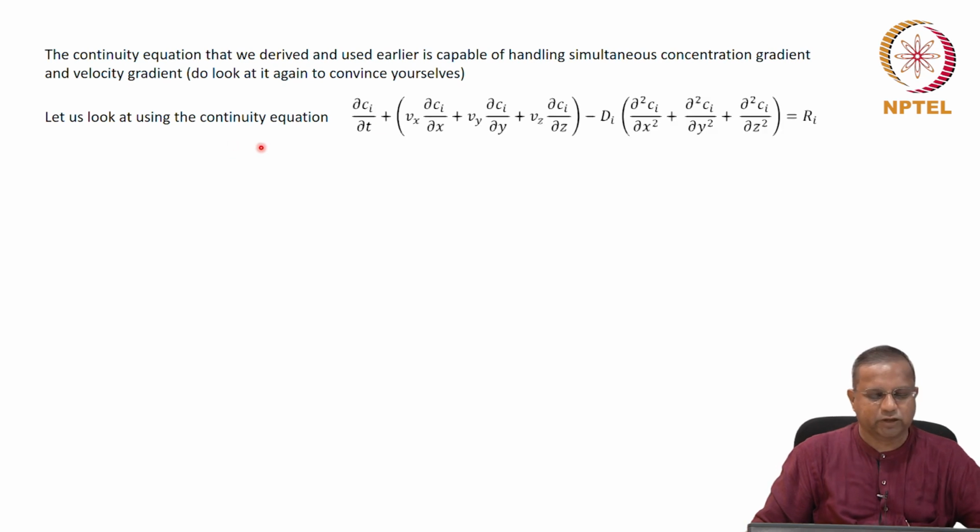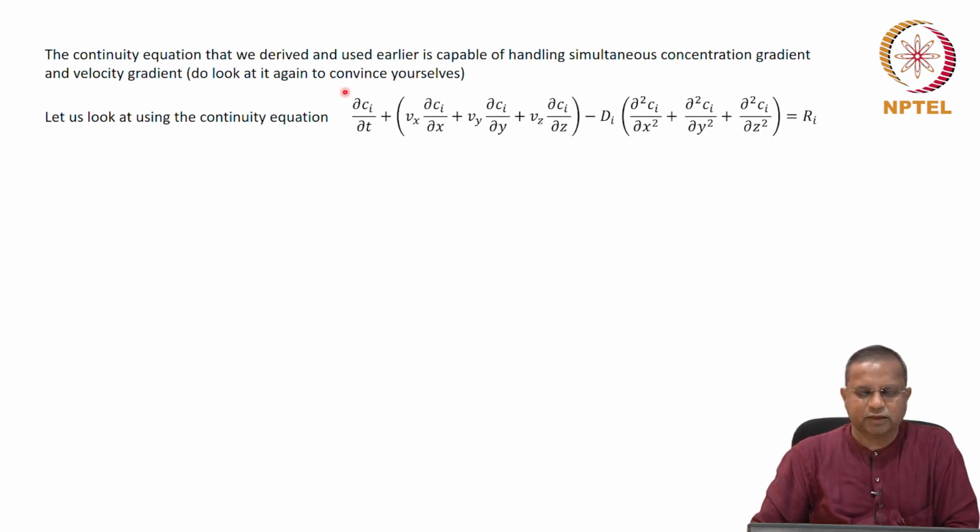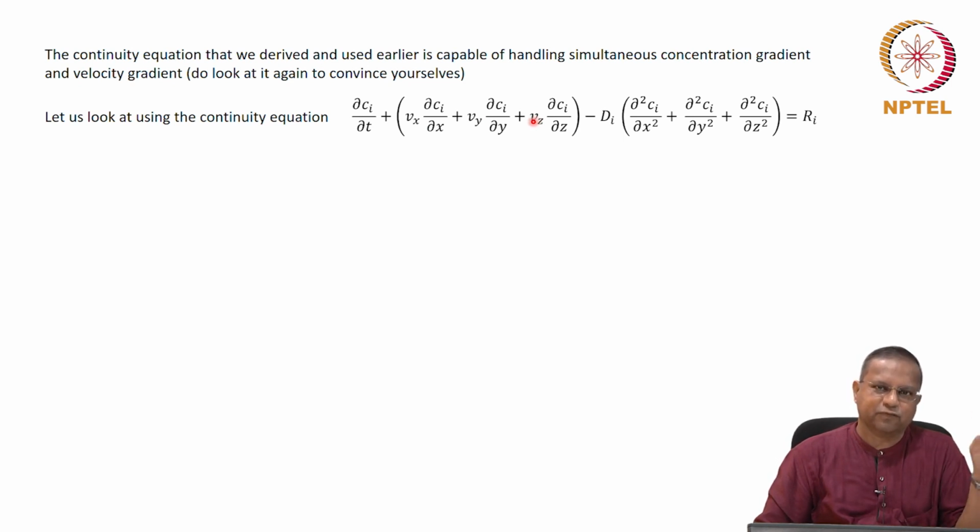If you look at the continuity equation, this was the continuity equation here, and we had this term always in the continuity equation because of the way we derived it. Vx, Vy, Vz were set to 0 when we looked at mass flux due to diffusion alone. Okay, so that was kind of deliberately done so that our understanding becomes a little better.